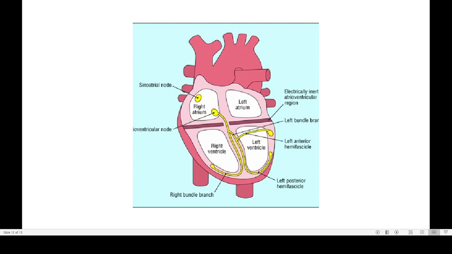So it is an automatically controlled chip-based device. So every time electricity is coming, the auricle will be contracting, followed by ventricular contraction.